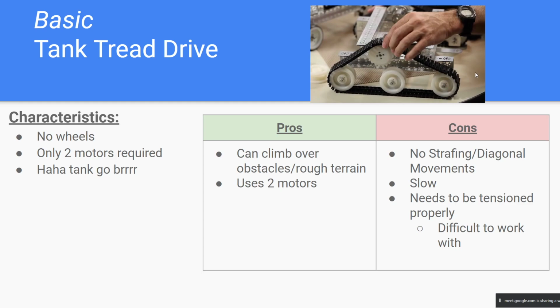It might slip off. If it's too tight, there's too much tension in the drive, and that's not good either. You need to have a perfect balance between looseness and tension. So it takes a while to adjust how long you need your tank tread to be. So it's kind of like the chain issue. You constantly have to adjust it to make sure it's just the right length. But yeah.